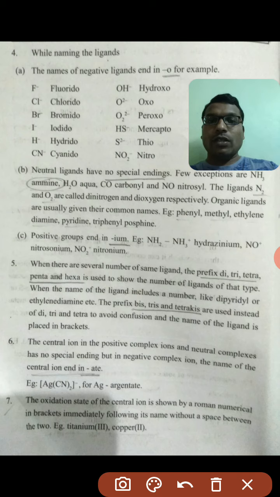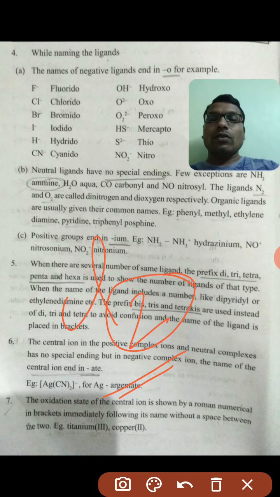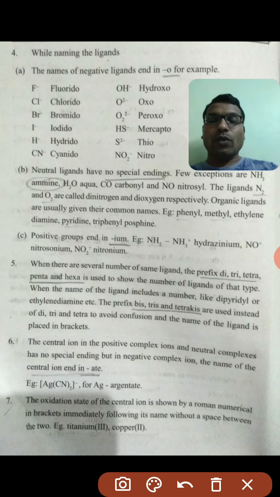Okay, so next we'll go for when there are several of the same ligands. Suppose you take Cl2, same ligand but the number is 2. So the prefix should be written as, suppose it is 2, we call it dichlorido. Suppose 3 is present, we call it tri.